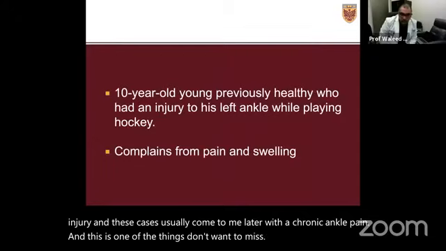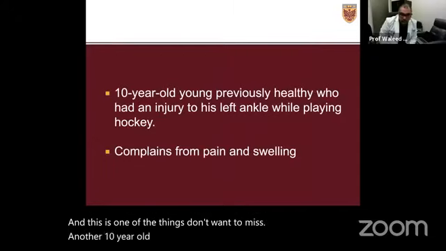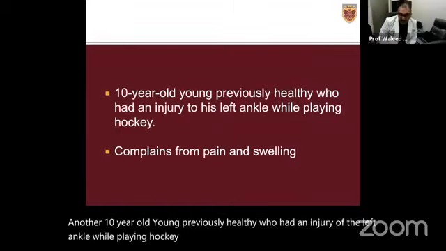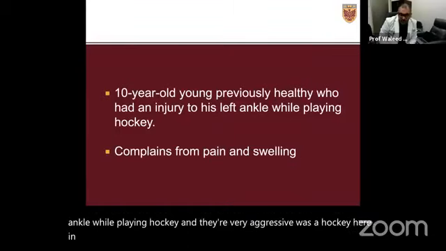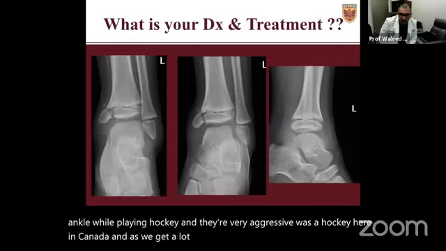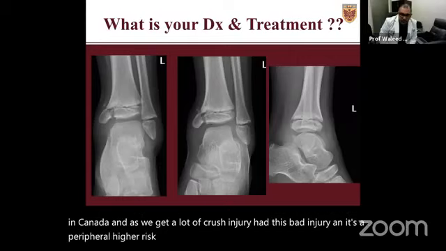Another case is a 10-year-old, previously healthy, who had an injury of the left ankle while playing hockey. And they're very aggressive with the hockey here in Canada, and they get a lot of crush injuries. He had this bad injury, and it's peripheral, a high risk of physeal bar. We mentioned this from the first moment.